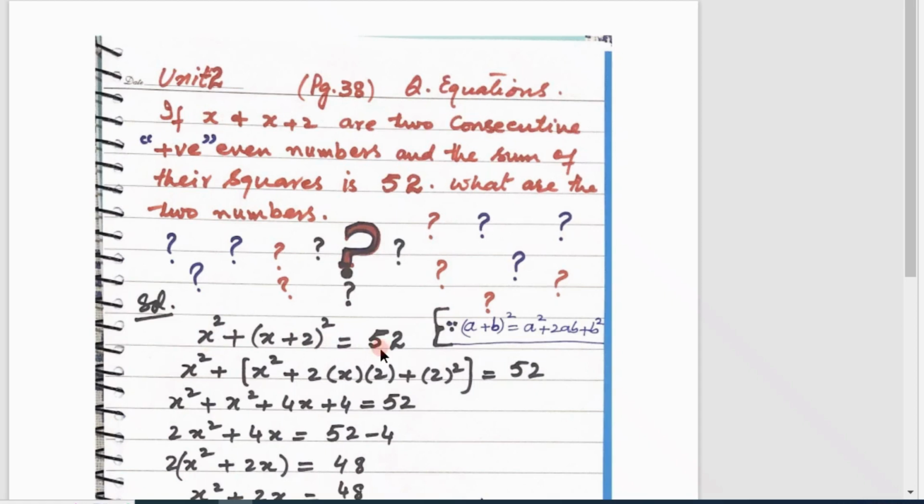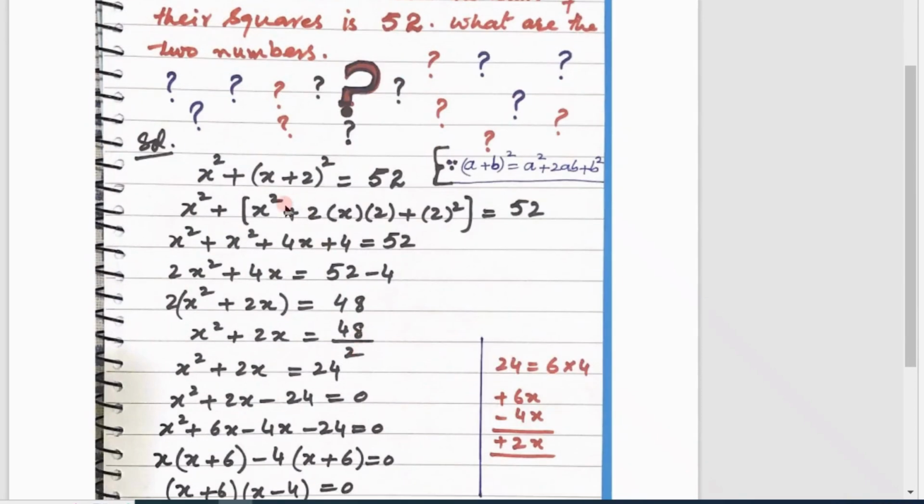This is how to translate this statement into an equation: x square, the square of the first number, plus x plus 2 whole square, the square of the second number. The sum means addition, plus, and the sum of these two squares is equal to 52. Now we will proceed and solve it.